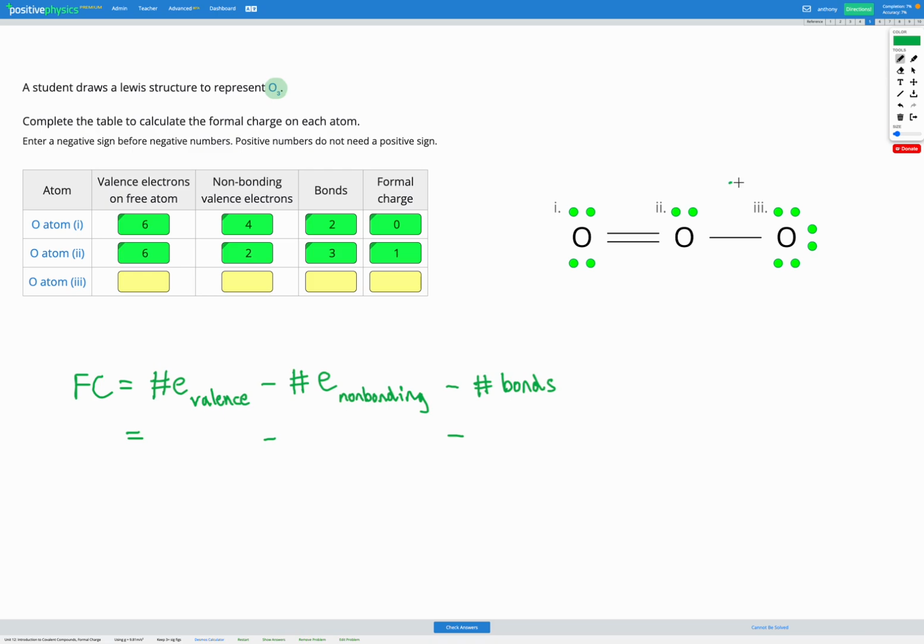Okay, so finally looking at our last oxygen atom, number 3. The number of valence electrons on a free atom, again, is going to be 6, because that's just the number of valence electrons according to the periodic table. Next, we want the number of non-bonding valence electrons. We've got 1, 2, 3, 4, 5, 6 non-bonding valence electrons.